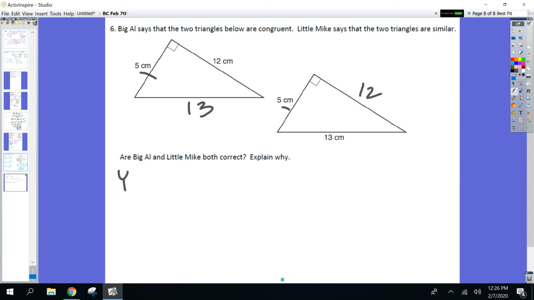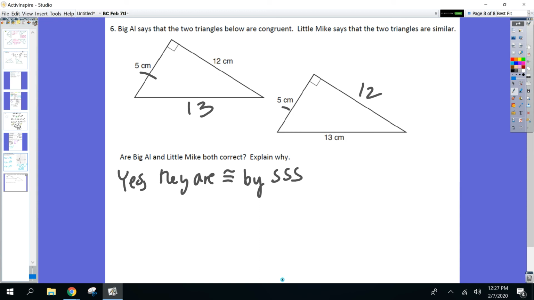So, yes, they are congruent by side, side, side. Now, I always like to challenge you guys. What could you have also used instead of side, side, side? Side, angle, side. Go deeper. Charlie? HL, because these are what type of triangles? Right triangles. HL, good. We could have used HL.